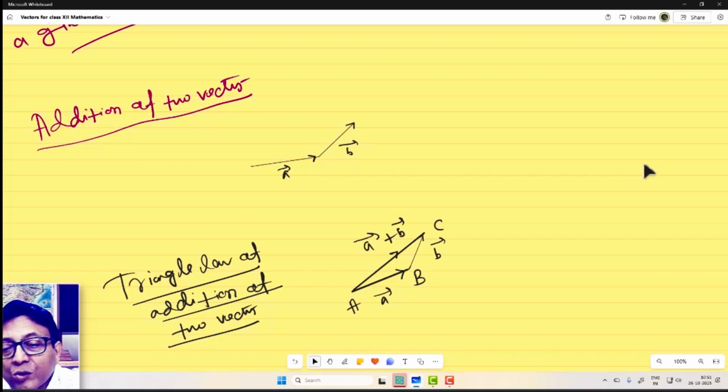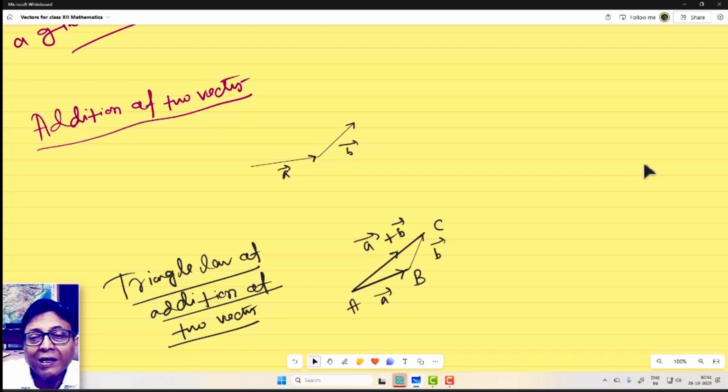Okay? This law is applicable in most of the vector operations. Like in physics, what we have learned, those who are physics students here, parallelogram law, polygon rule. But you must remember that those are applications of the triangle law only. So the triangle law is the basic.